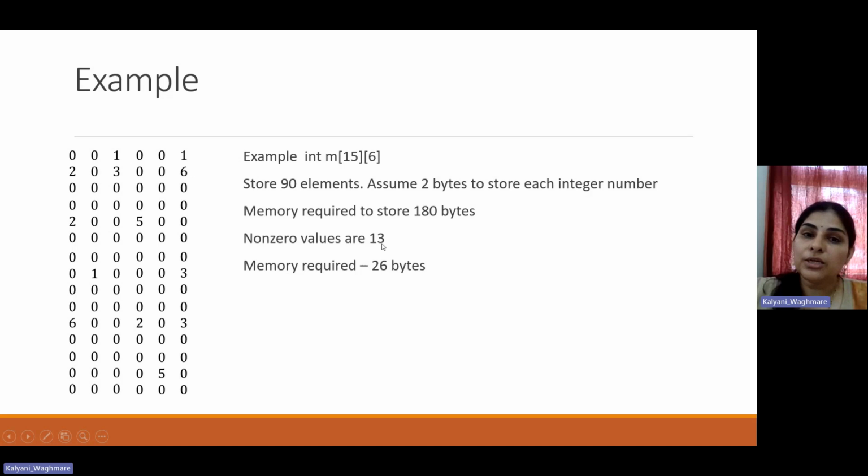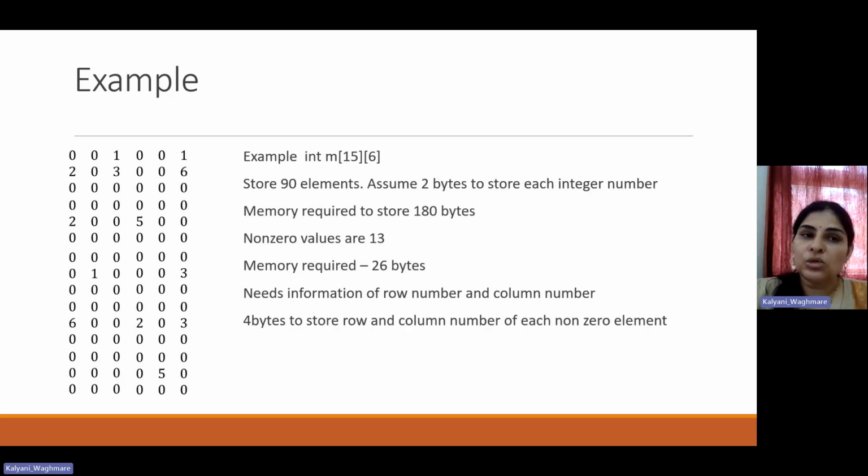But I know that only 13 elements are non-zero. So I am going to store that information in my sparse matrix, which stores 13 non-zero values with their row number, column number, and non-zero term. And the first row stores the order of my original matrix. So a total of 14 rows will be there and in every row 3 columns will be there.